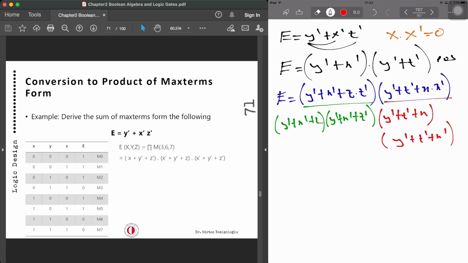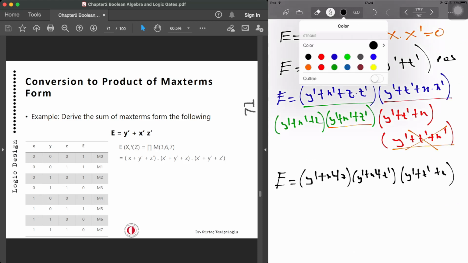If we have identical ones, we can get rid of those. So if we look at it, this one and this one are identical. So if I get rid of that, I'll just have E as y prime plus x prime plus z, y prime plus x prime plus z prime, and y prime plus z prime plus x.